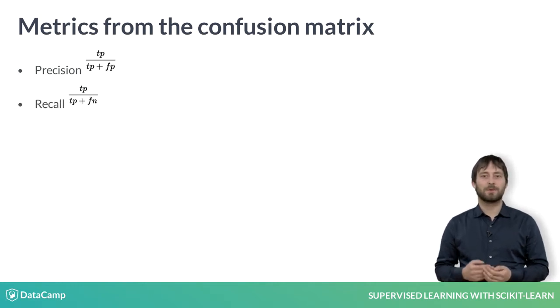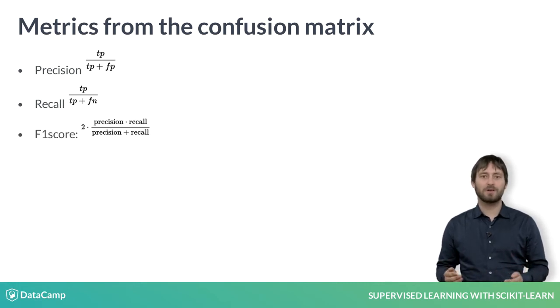Recall, which is the number of true positives divided by the total number of true positives and false negatives. This is also called sensitivity, hit rate, or true positive rate. The F1 score is defined as 2 times the product of the precision and recall, divided by the sum of the precision and recall.